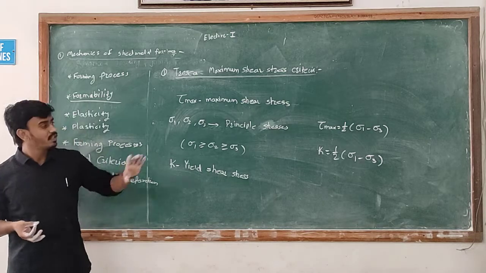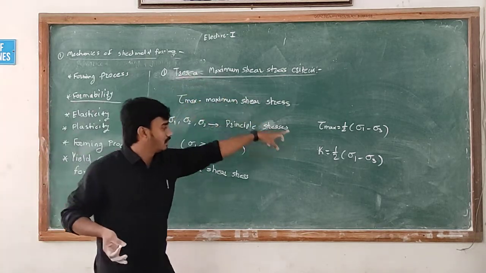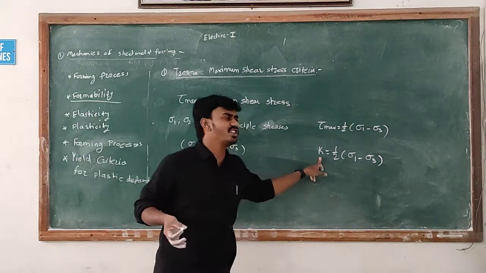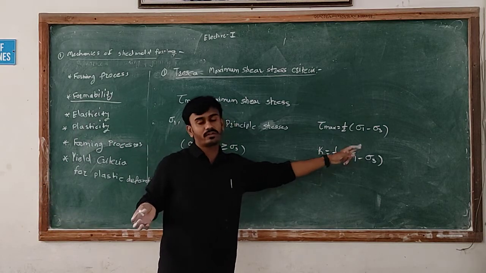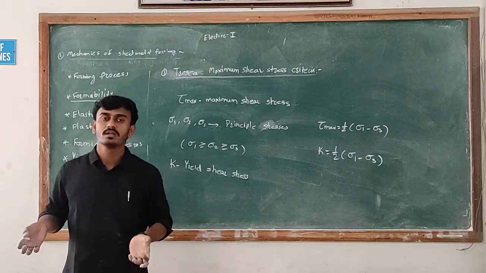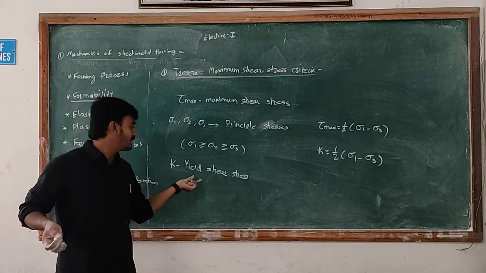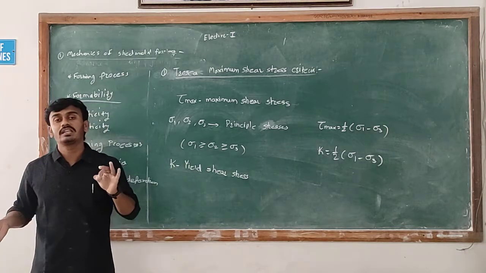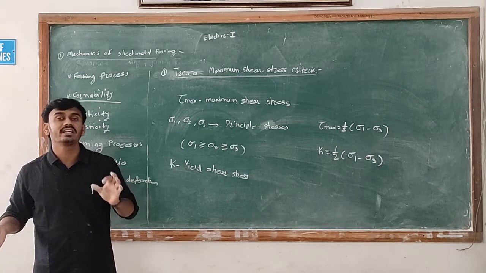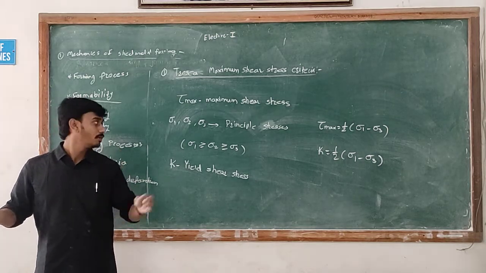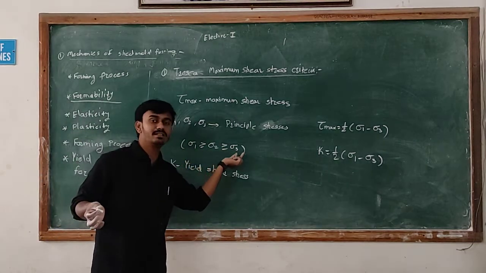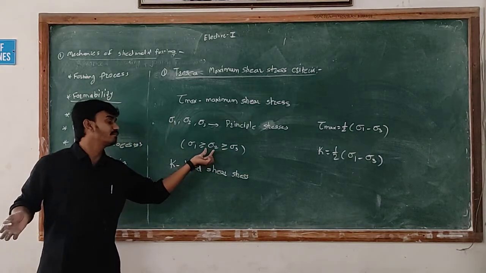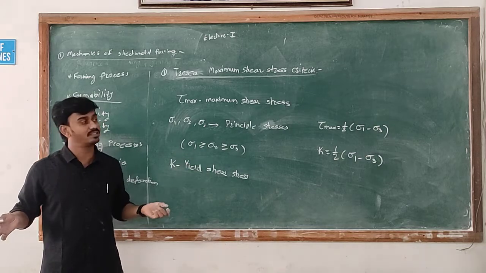Okay, and if we see here, the yield shear stress K is equal to 1/2 into (sigma 1 minus sigma 3), so this yield stress will not depend on the intermediate principal stress. Means this sigma 1 is the maximum principal stress, this sigma 3 is the minimum principal stress, and this sigma 2 is the intermediate principal stress.